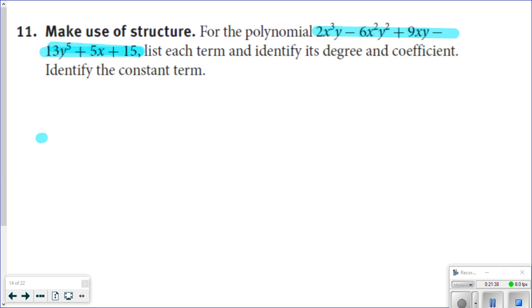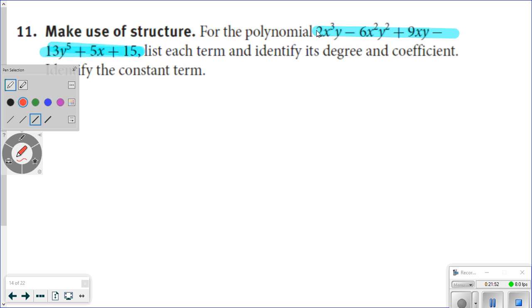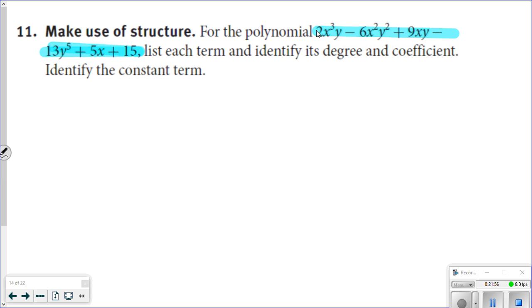If you don't have enough room in your book, you can use the My Notes section if you need to. This is on the bottom of page 356. We are going to write down each term, because that's what it says to do first. List each term.